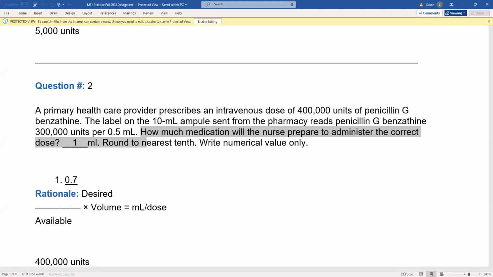My desired dose here is 400,000 units. What do I have on hand? 300,000 per 0.5 ml.